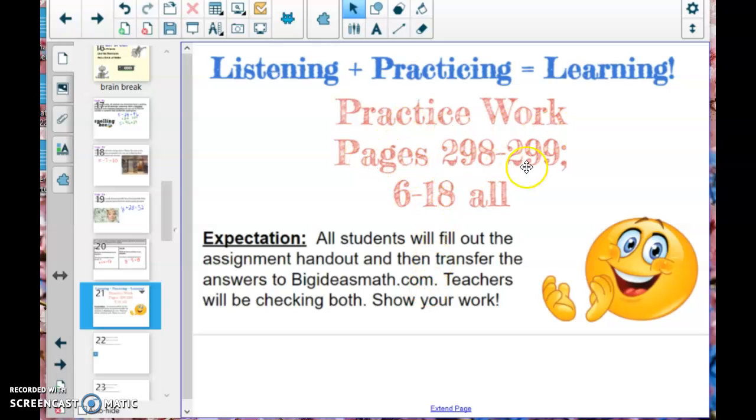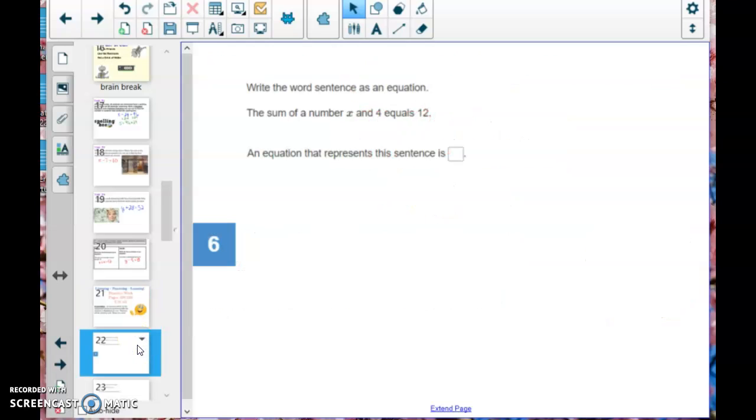So when it says practice work pages, this is what the assignment's going to be in bigideasmath.com. And each day you can watch the video and then complete the homework assignment in bigideasmath.com. To get started, you will see the first question is, write this sentence as an equation. The sum of a number x and 4 equals 12.